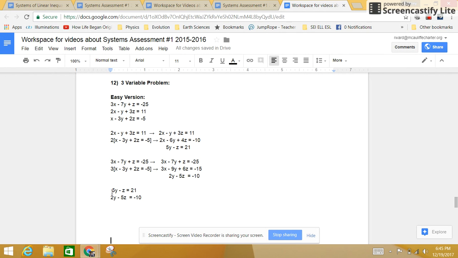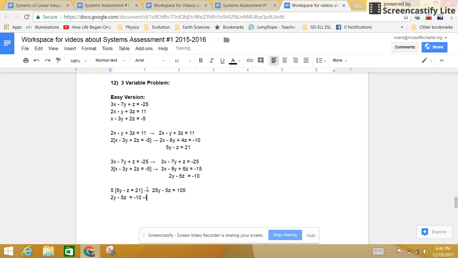If I want to work with the y's, I'll double this and quintuple the bottom one to get 10y and 10y. But instead I'm going to focus on the z's because I can just quintuple the top one and I don't have to do any multiplying or dividing with the bottom one. So 5 times that will get me 25y minus 5z equals 5 times 21 is 105.